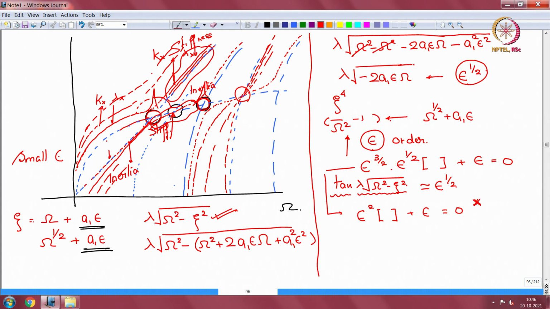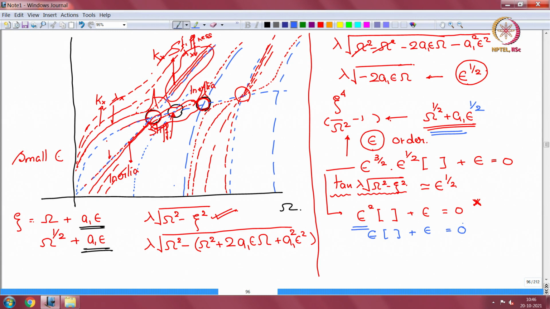And so what that means is that this expansion that we have should be of epsilon to the power half order. Then every correction term is of the power half, so the product will become epsilon and it can balance this epsilon from the fluid loading term.